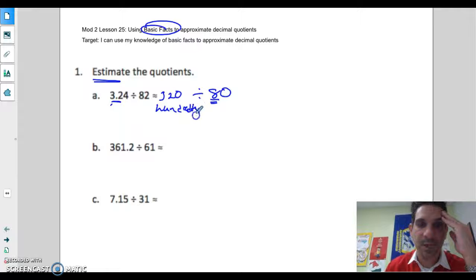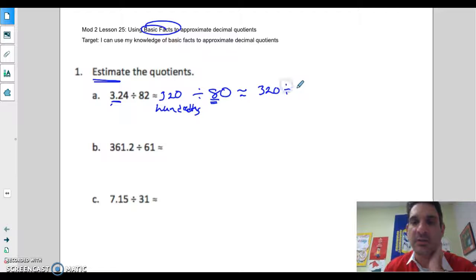Okay? So now what I'm going to do is round this, estimating. So then I say, well, 320 hundredths divided by 80. Well, I can divide by 10 and 8.